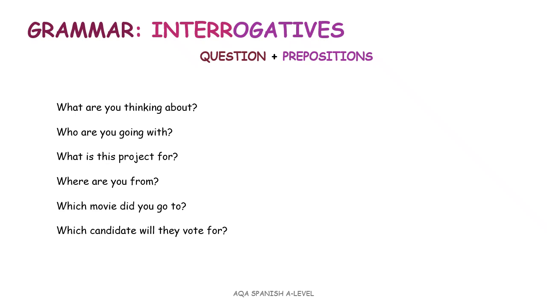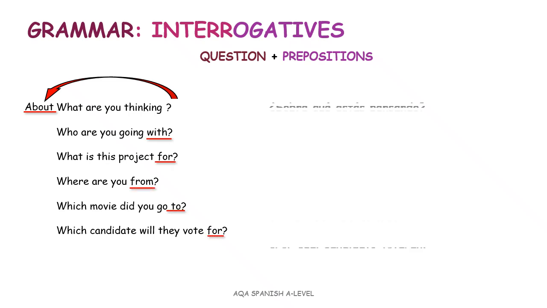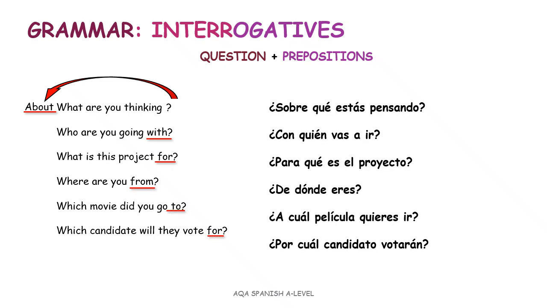When the question ends with the preposition in English, in Spanish, that preposition must go at the beginning of the question. For example, the question, what are you thinking about? would become in Spanish, about what are you thinking? So, ¿sobre qué estás pensando? Or who are you going with?